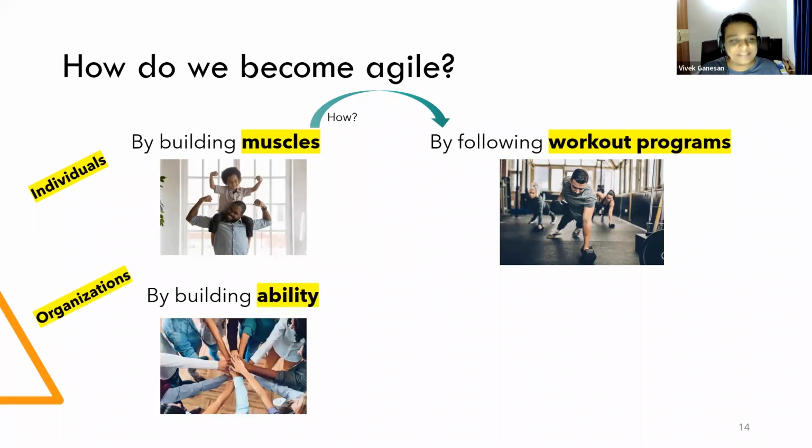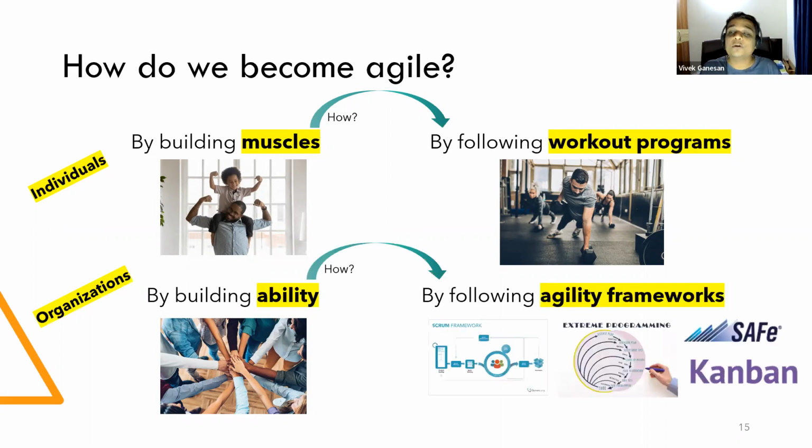You take the organization's case. Organizations by building ability. I'm still not convinced with the word ability, but as a placeholder, I put the word ability. I'm not able to figure out what exact word that is, but ability sort of works in this context, by building ability to change whenever you need. And how do you do that? You do it by following agility frameworks, right? You see a lot of agility frameworks in the market: Scrum, Kanban, SAFe, XP, a lot of things are there.